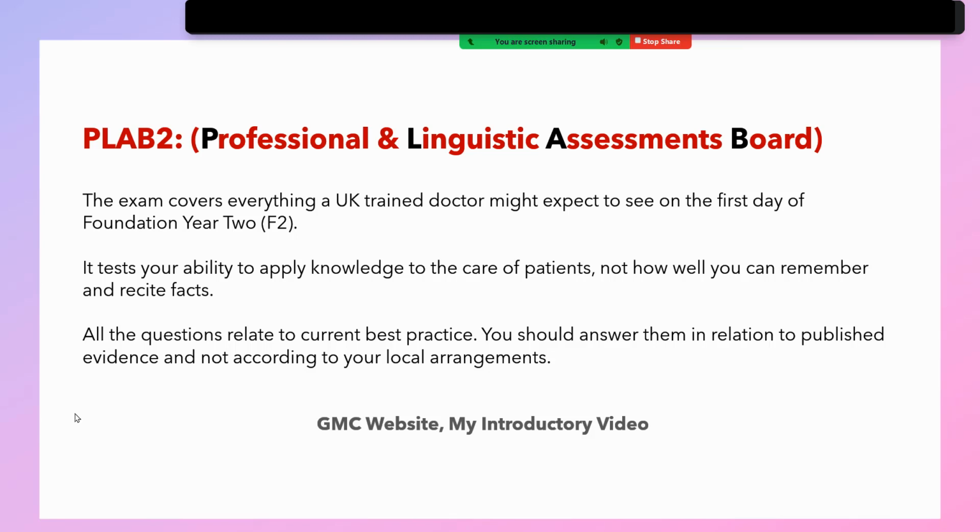This exam tests your ability on how you are going to convey this knowledge in an understandable way to the patients. It tests you also on how to build or formulate a management plan for the patients.